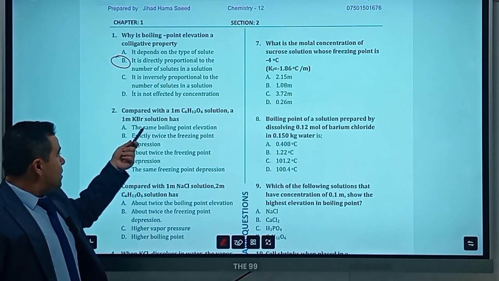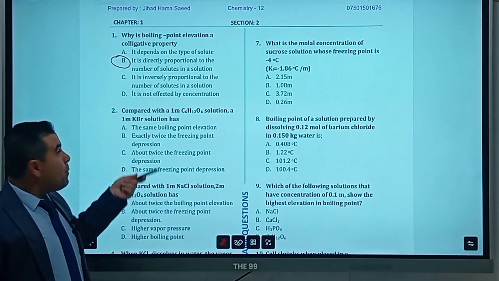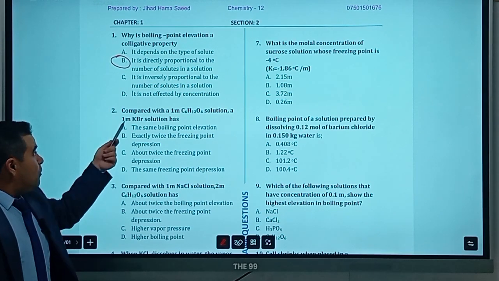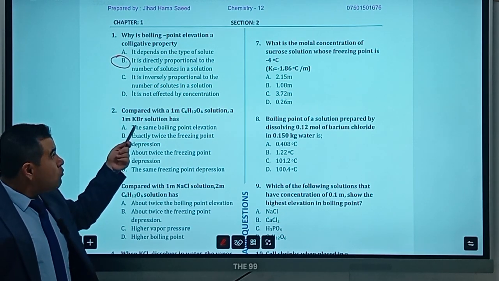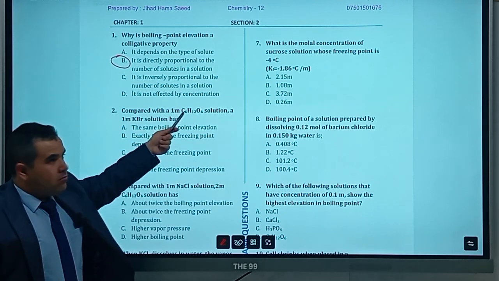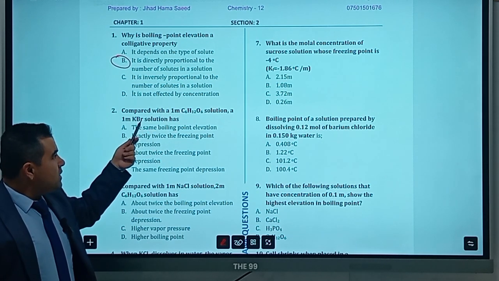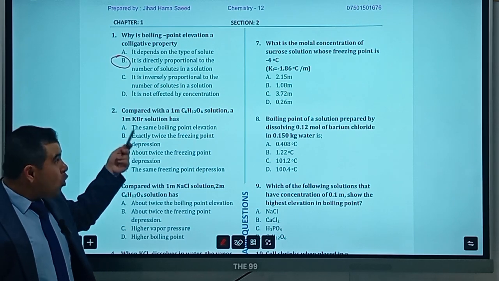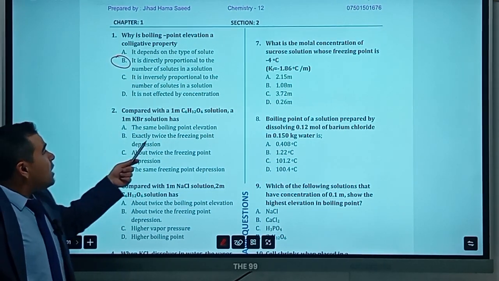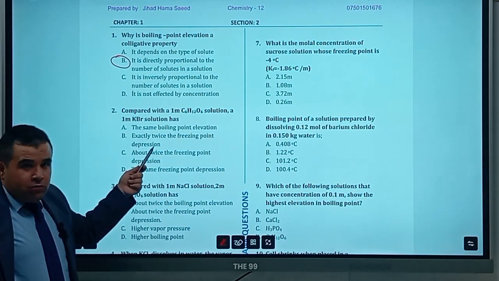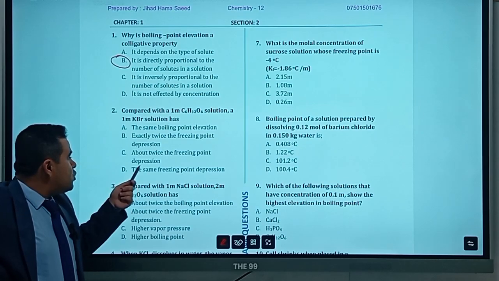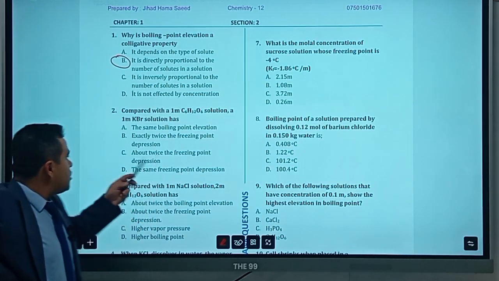Guys, for such questions, the options given are the properties of the second compared to the first. So the boiling point of the KBr is almost twice that of the sugar, and the freezing point almost twice lower than the sugar. So it is not the same boiling point elevation, and not exactly twice the freezing point depression.